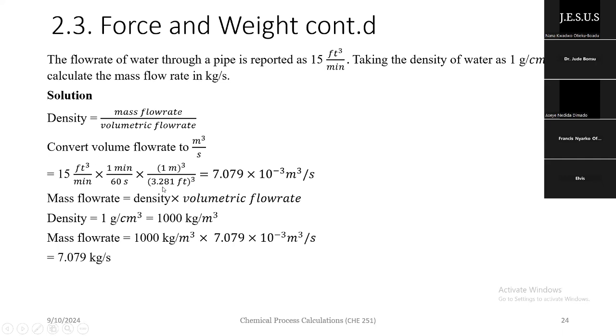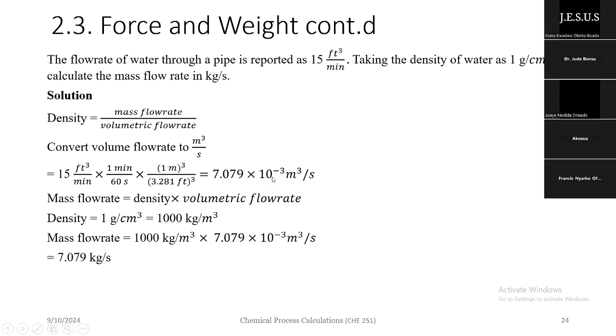Please, when you are cubing both sides, it means you are going to cube what's here also. So our meter cube divides our feet cube here, and then we are left with 15 meter cube per 60 seconds times (1/3.281) cubed, which is 7.079 times 10 to the power minus 3 meter cube per second.